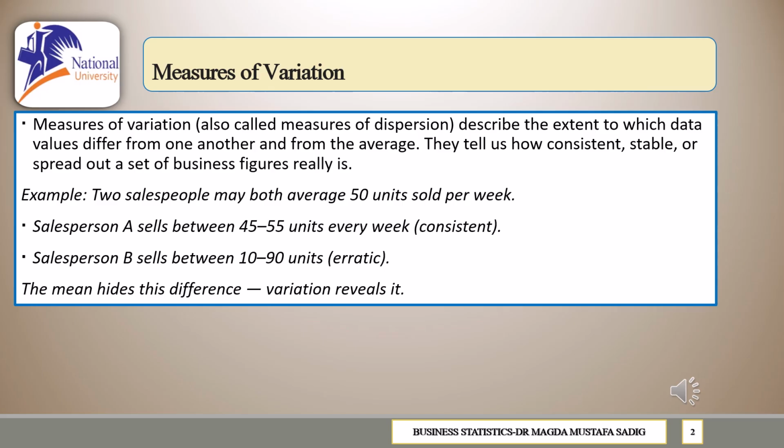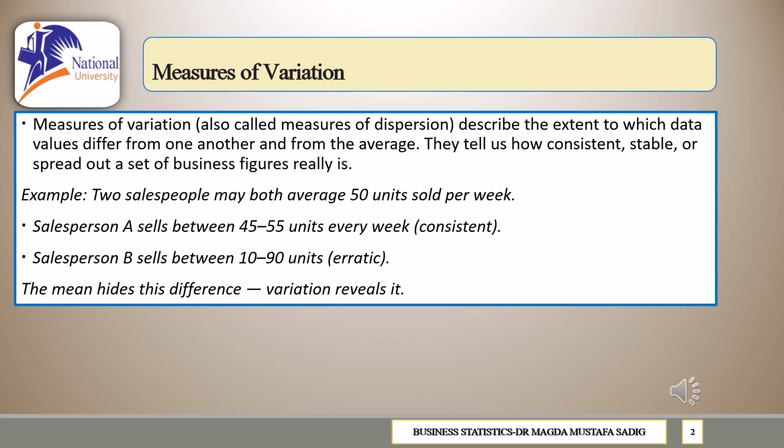But now let us look more closely. Salesperson A sells between 45 and 55 units every week. This means that his or her sales are relatively close to the average of 50. Therefore, salesperson A is consistent and stable. Now consider salesperson B. Salesperson B sells between 10 and 90 units.